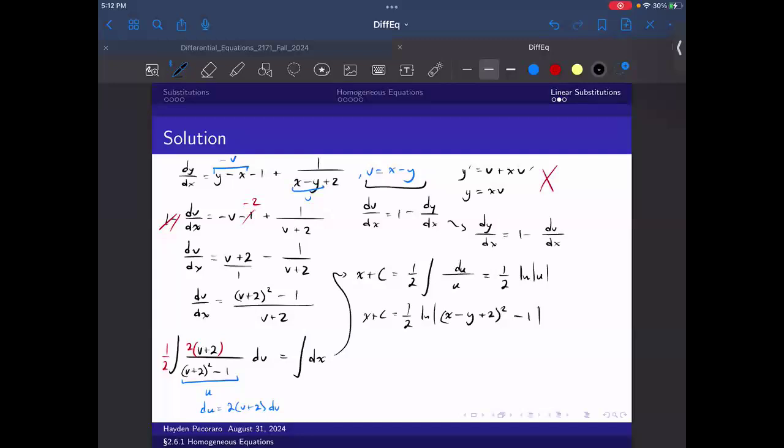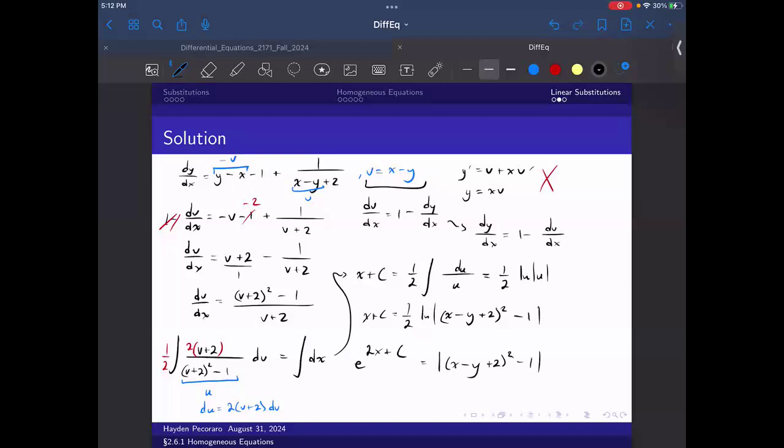If we want, we can go ahead and try to solve this for y. It's the practice of our algebra skills, so why not? So multiply everything by 2, and then use this to raise base e. So now we have absolute value of (x minus y plus 2) squared minus 1.